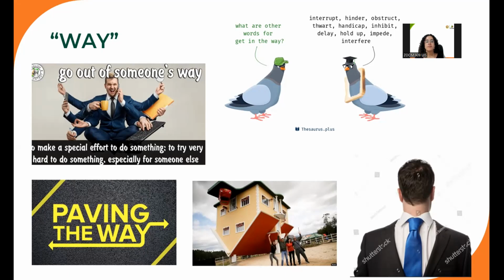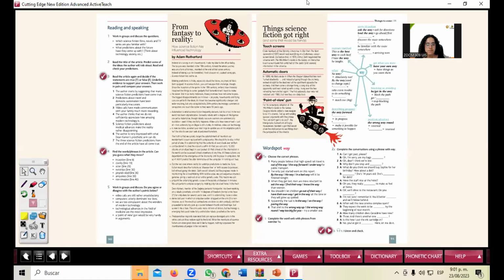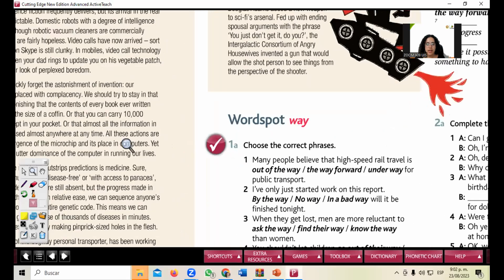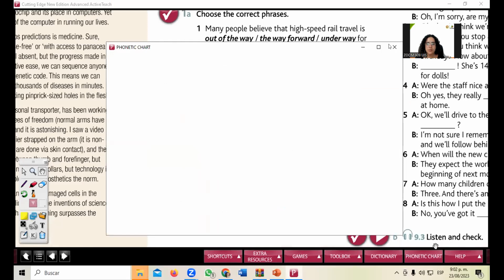Okay, any questions about this vocabulary? No, perfect. Okay, so we can go to page 91 and start practicing here in point 1. Okay, page 91.1.